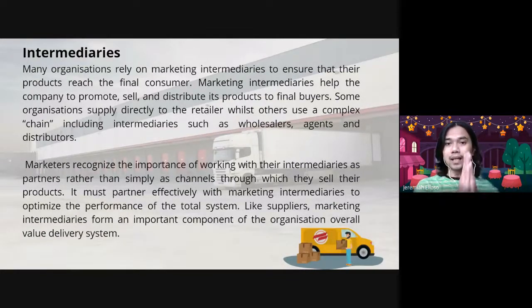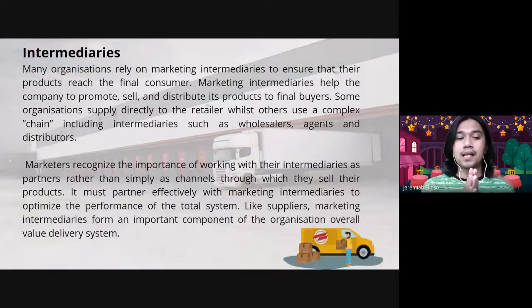So there is a middleman, ang tinatawag natin dyan, yung mga intermediaries. Okay? So they serve as a channel or they assist or aid in the supply chain management para mas mapabilis yung distribution ng mga produkto.